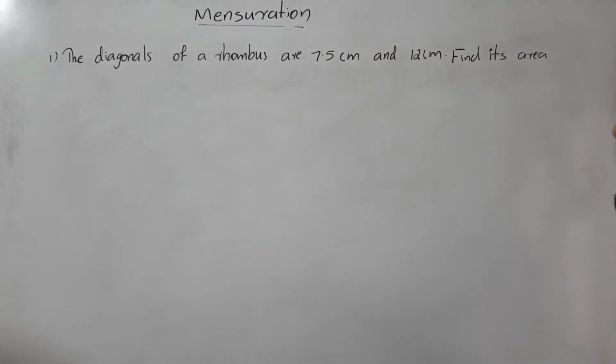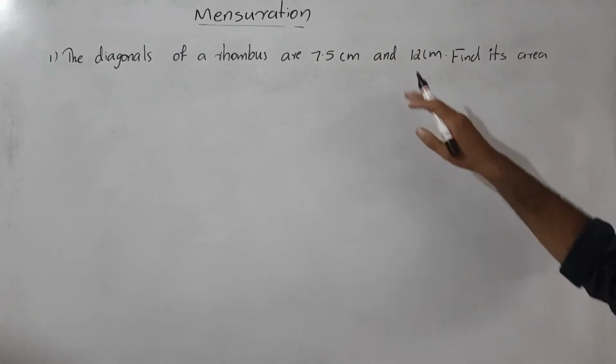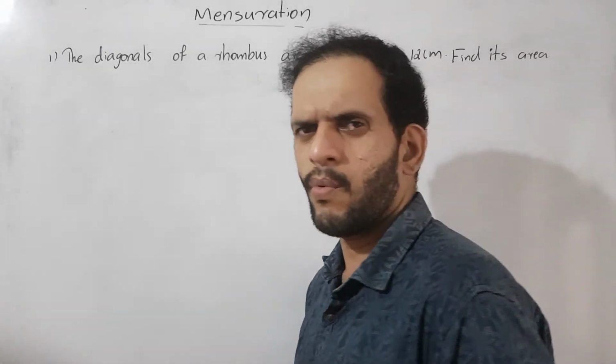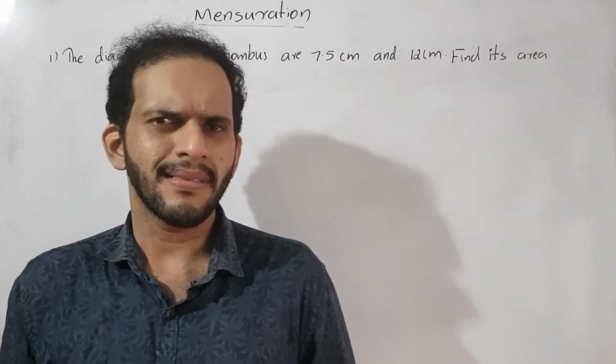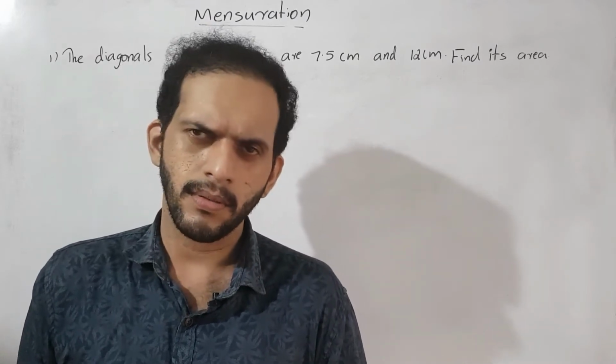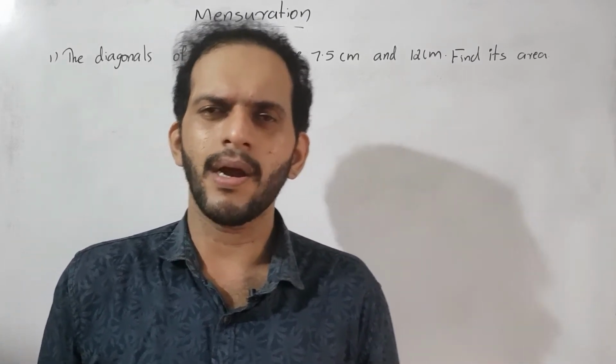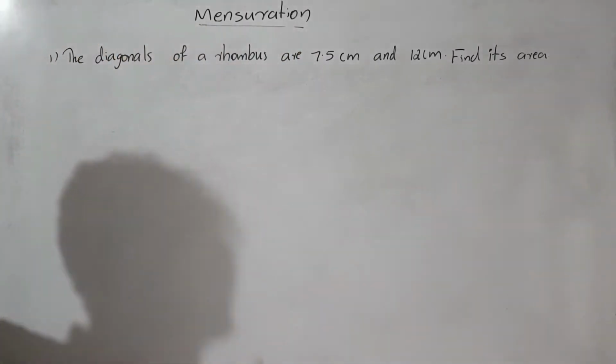The diagonals of a rhombus are 7.5 centimeter and 12 centimeter. Find its area. So, direct question, what is given? Here the diagonal measurements of the rhombus are given. Then the question asks to find the area of the rhombus. So we start directly.